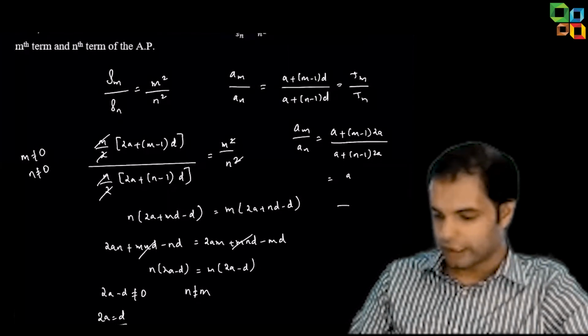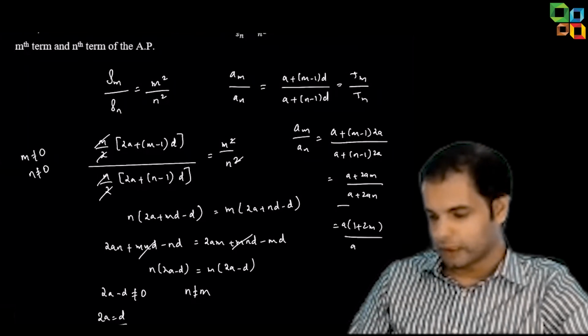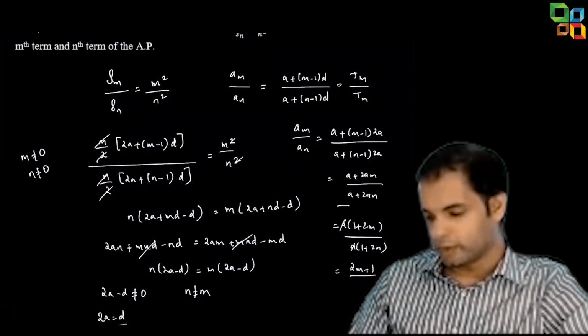It becomes a plus 2am divided by a plus 2am. Right? a is common throughout, so a into 1 plus 2m divided by a into 1 plus 2m. So this will cancel. So your final answer is 2m plus 1 divided by 2n plus 1.